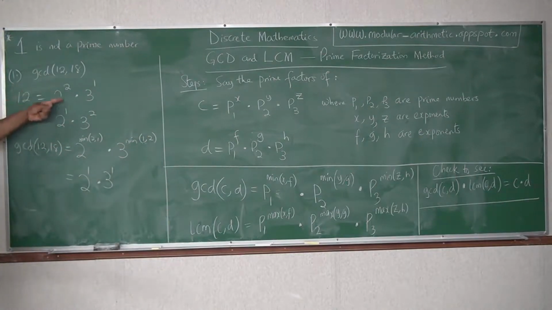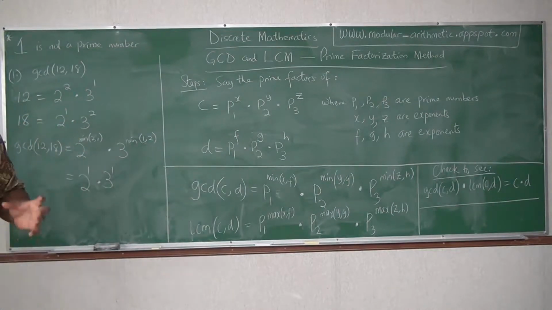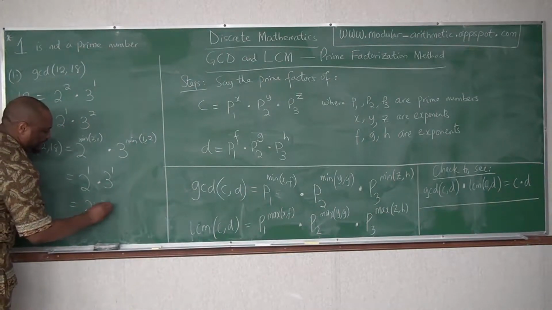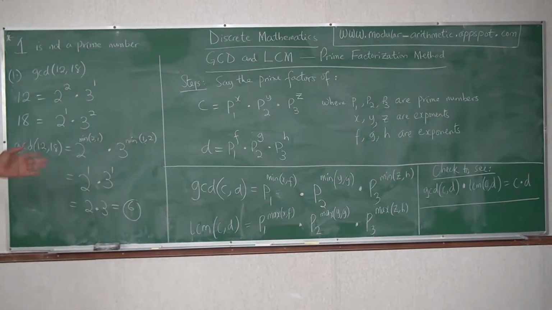Provided we have the same prime numbers, we get the minimums of the exponents. And this is 2 times 3, which gives us 6. How is that? Cool, right? The GCD of 12 and 18 is 6.